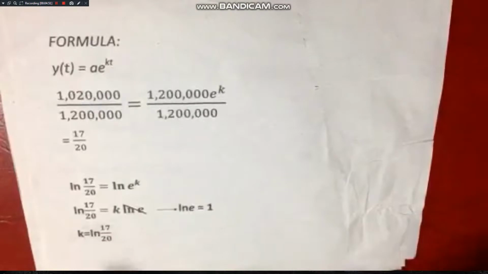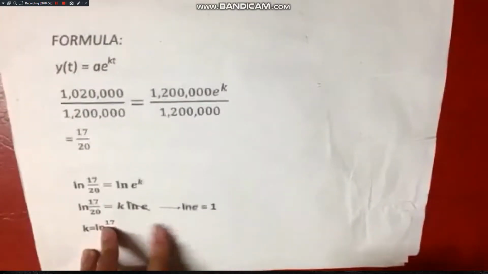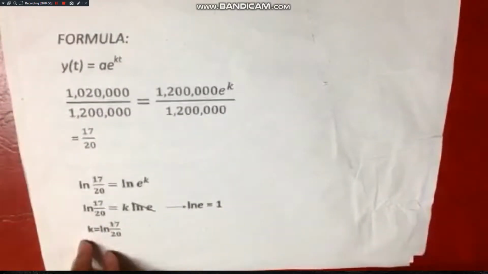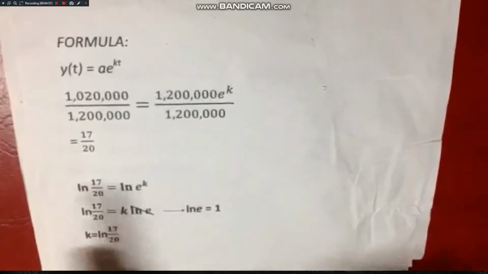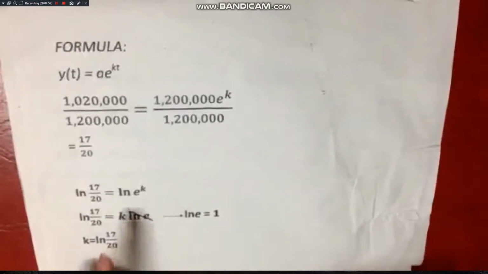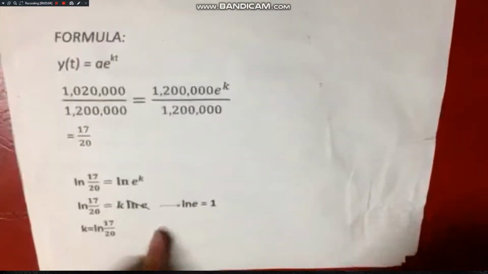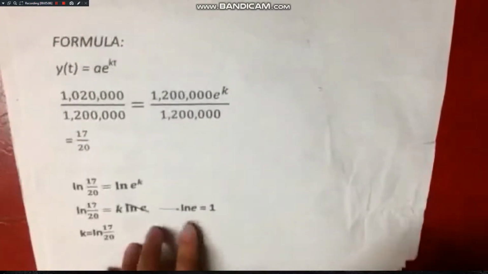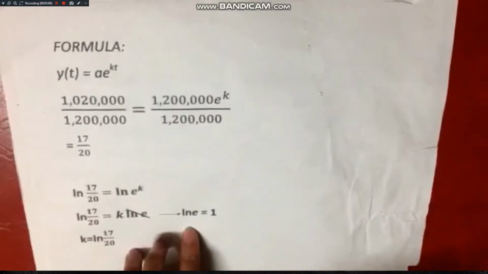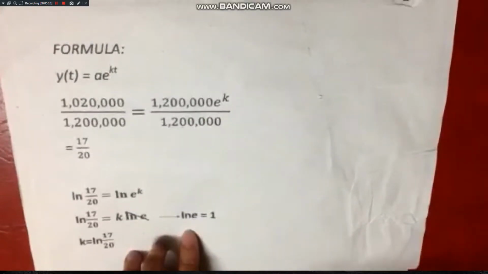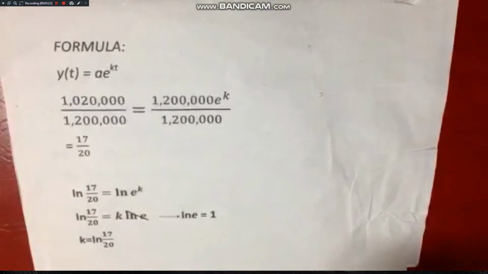We use ln on both sides of the equation. ln 17 over 20 is equal to ln e raised to the power of k, then apply the power rule. On the right side of the equation, ln e is equal to 1. So we cancel ln e.